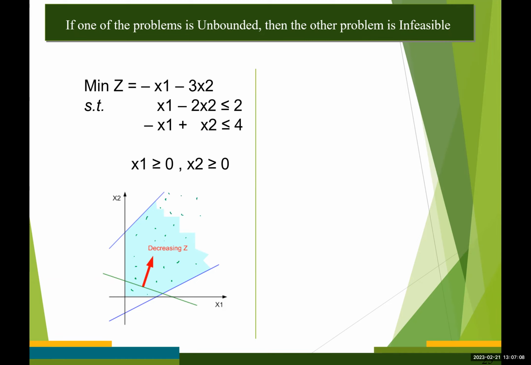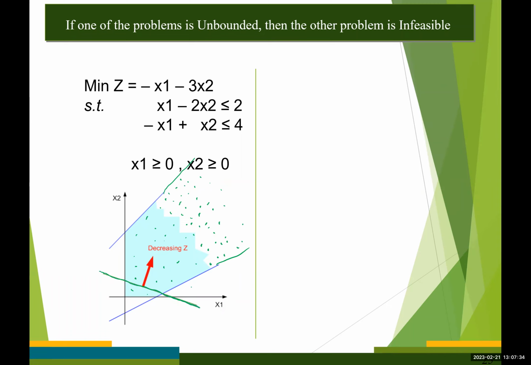So obviously, our feasible region is unbounded. So this is our feasible region, and our iso-value line is this.